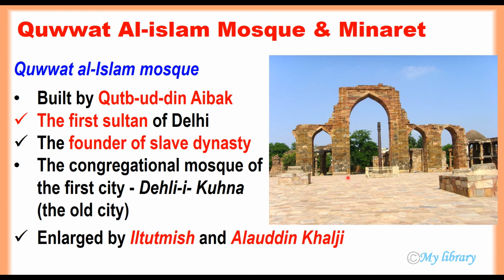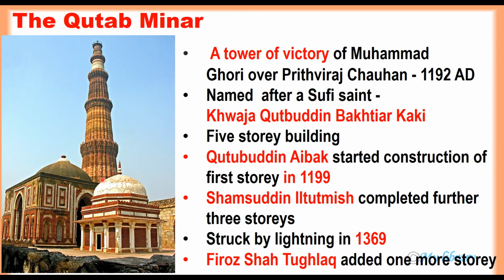What you see in this picture is the Quwwat al-Islam Mosque built by Qutbuddin Aibak. The Qutab Minar is a tower of victory of Muhammad Ghori over the Rajput king Prithviraj Chauhan in 1192. The minaret was named after a Sufi saint, Khwaja Qutbuddin Bakhtiar Kaki.